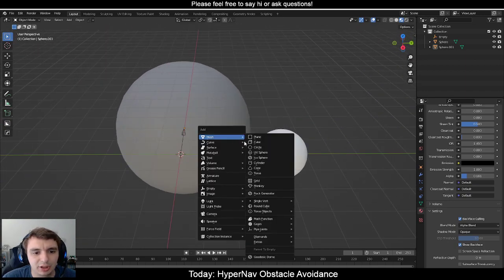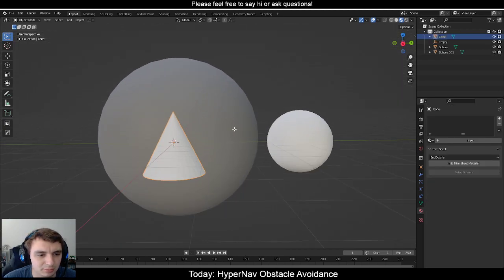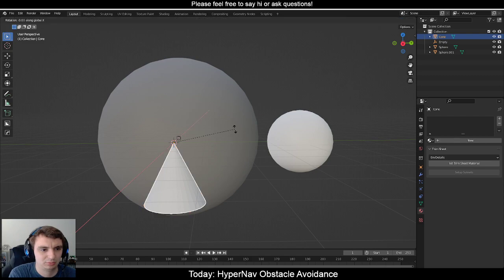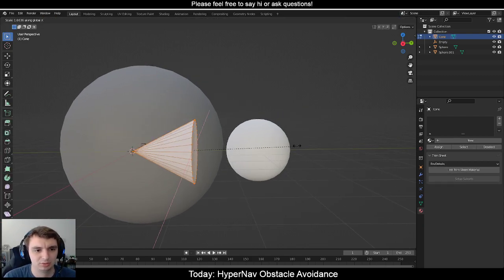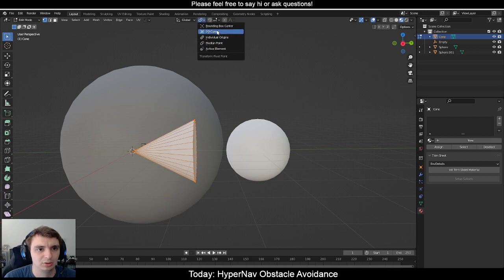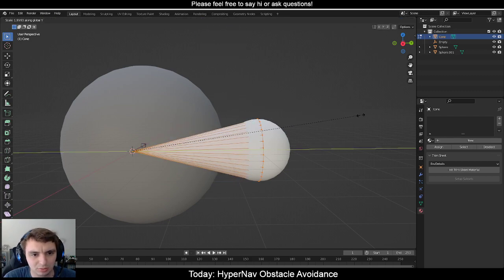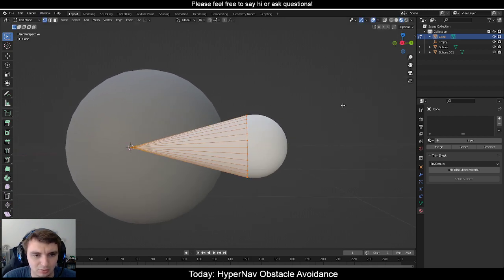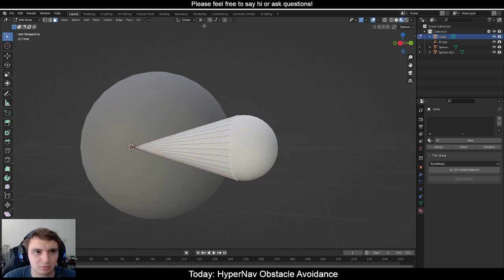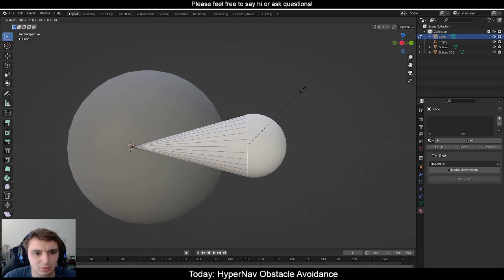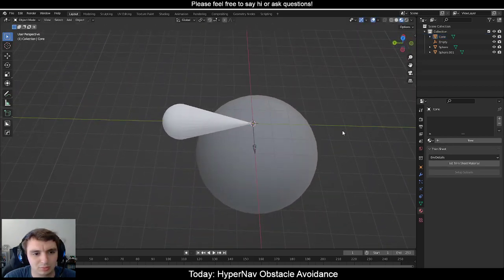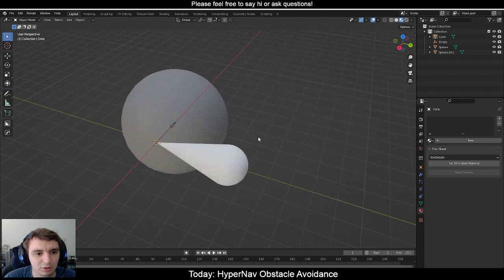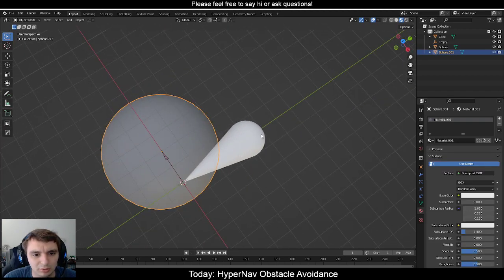Then I also need a cone, which represents the cone from the origin to this sphere.